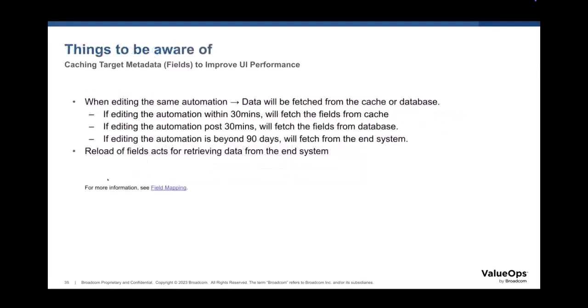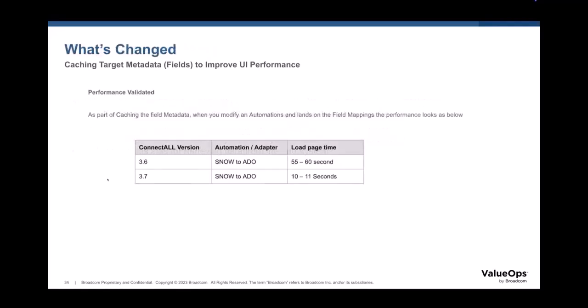And this is the difference that we have seen with the same automations. In 3.6, it used to take like 55 to 60 seconds to load. The same automation after we implemented 3.7, fetching from the cache, took me like 10 to 11 seconds. This is the data from the performance tests that we did.